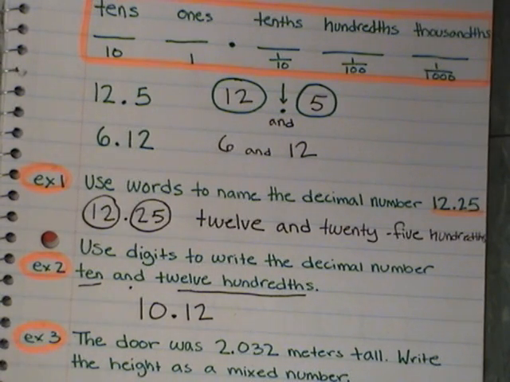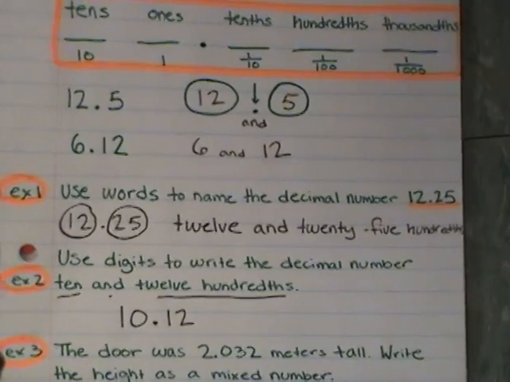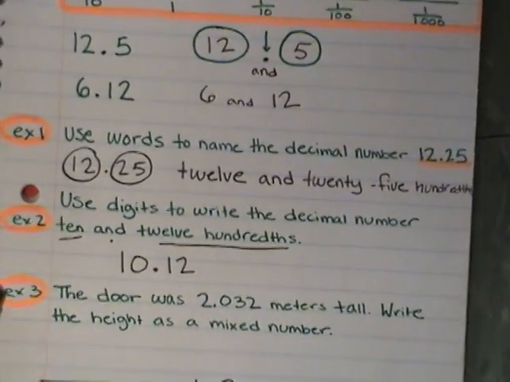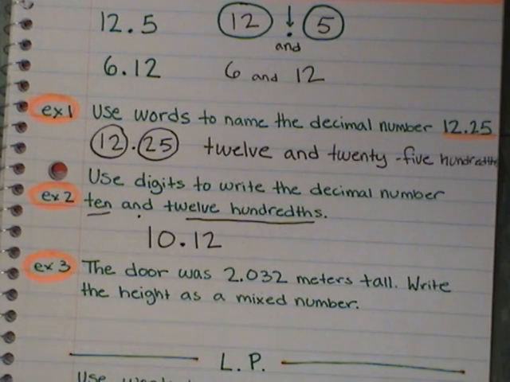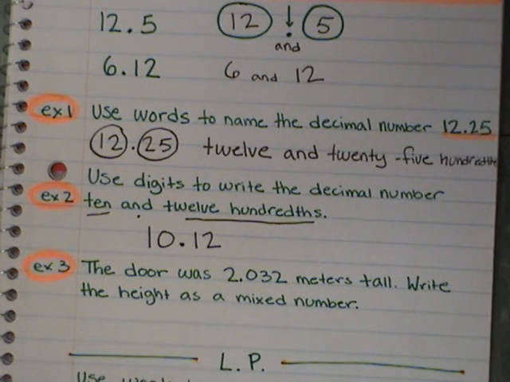Alright, and the last one, for example number 3. So it says, the door was, and I'm going to read it like this, 2.032 meters tall. Though that's not the right way to write it down, I want you to try and see if you can read it yourself. Write the height as a mixed number.